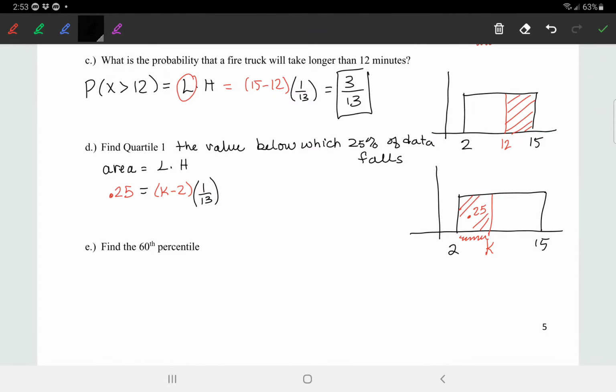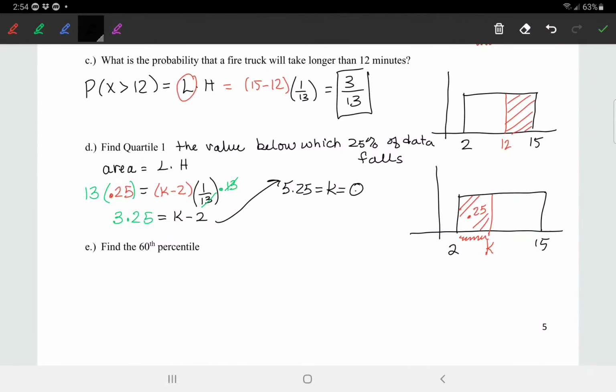Okay, so now all we have to do is solve for K. So I want to clear this fraction, so I'll multiply on this side by 13. You'll also have to multiply by 13 on this side. We get a new value. 13 times 0.25 is 3.25. And that's just equal to K minus 2. And then you can add 2 to both sides. So we get 5.25 is our value K.